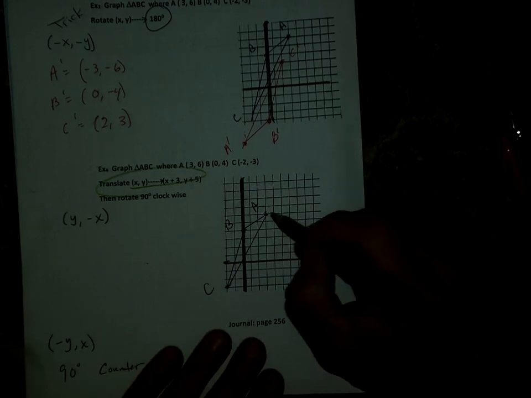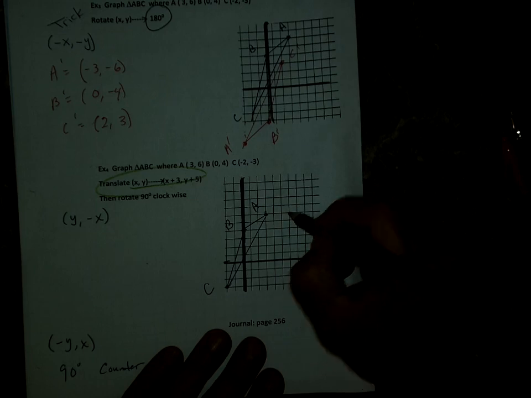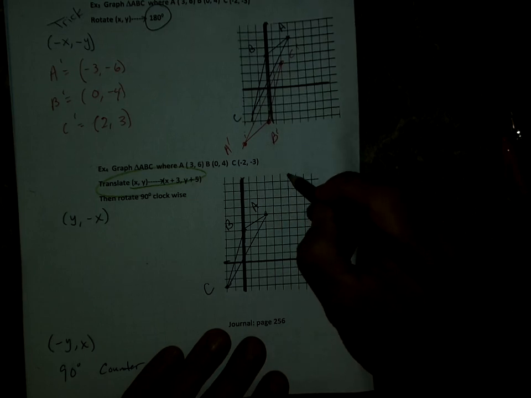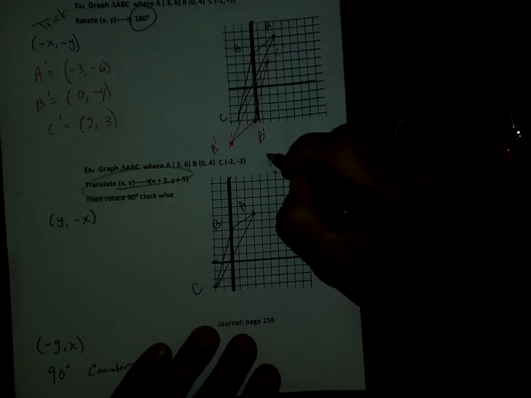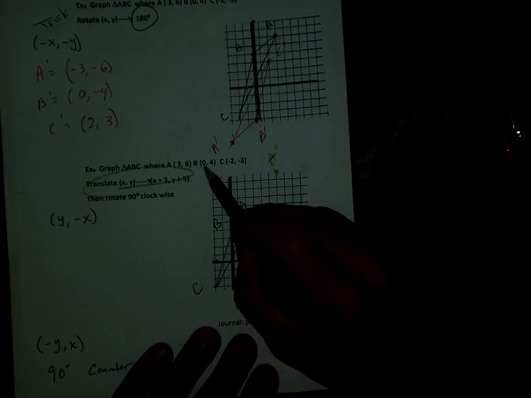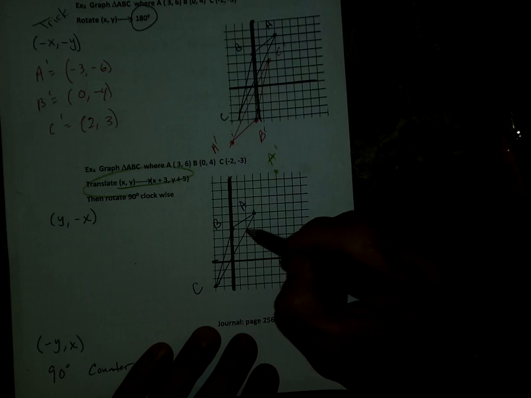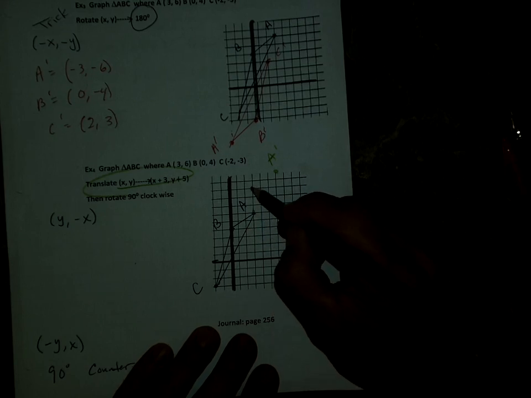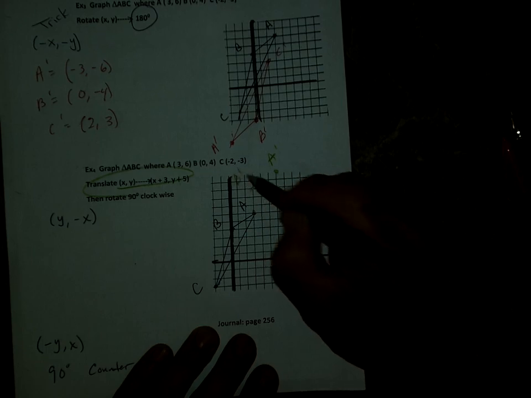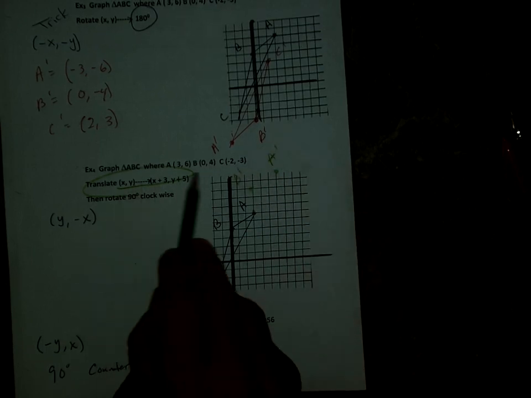So let's see, I'm going to take points 1, 2, 3, 1, 2, 3, 4, 5. A prime, we're going to go 0, 4 is going to be over 1, 2, 3. 1, 2, 3, 4, 5. B prime, I'm going to go from here 1, 2, 3, 1, 2, 3, 4, 5. There's C prime. Let me draw that in.